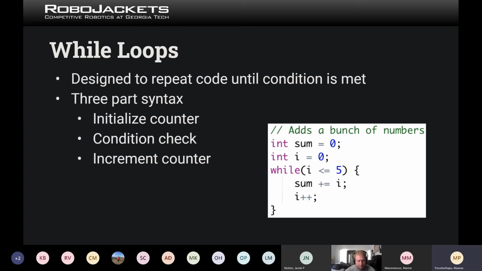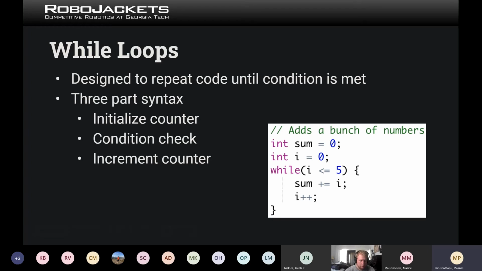Now, if you want to do the same thing with a while loop as with a for loop, you have to add in those parts yourself. In the previous for loop, we could say int i equals 0, i is less than or equal to 5, and i plus plus within the definition of the for loop itself.